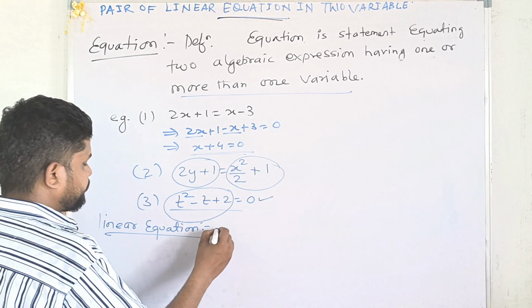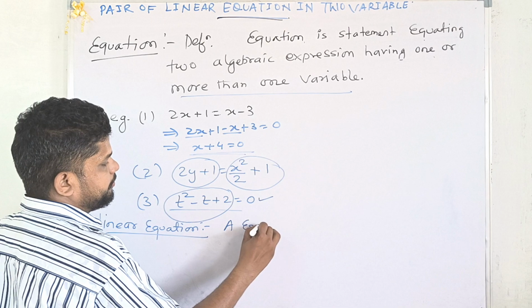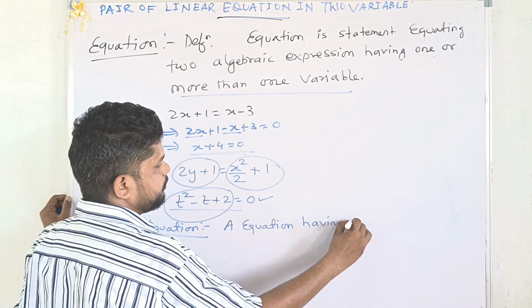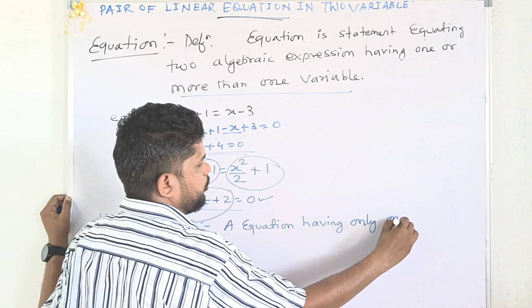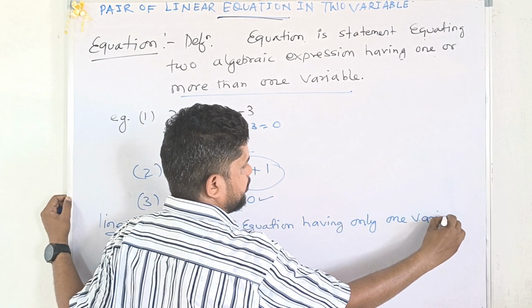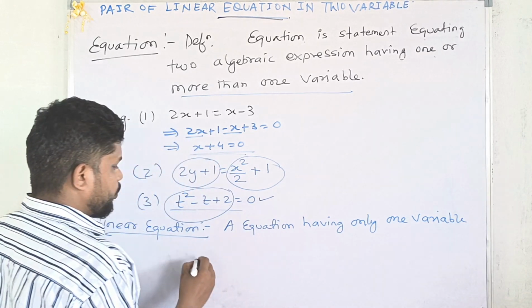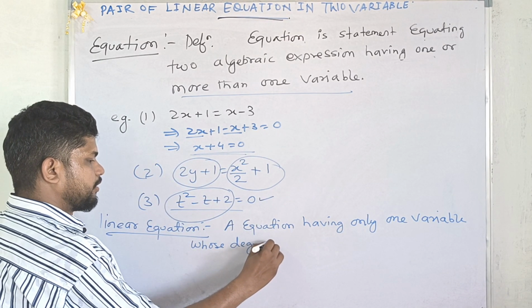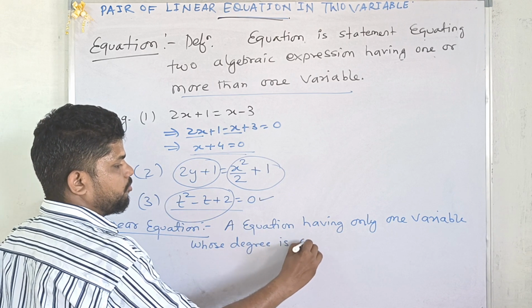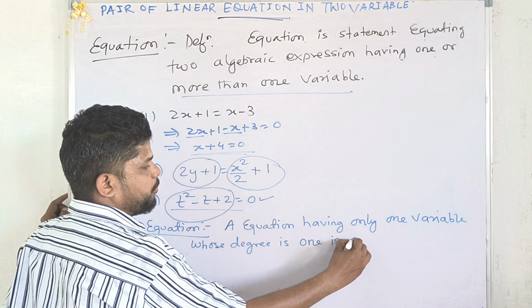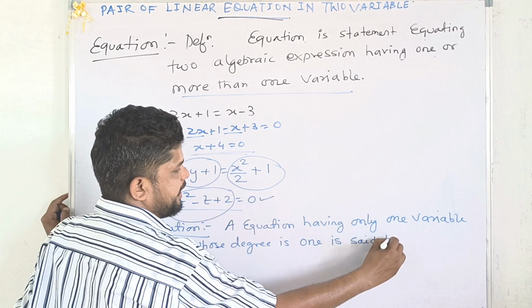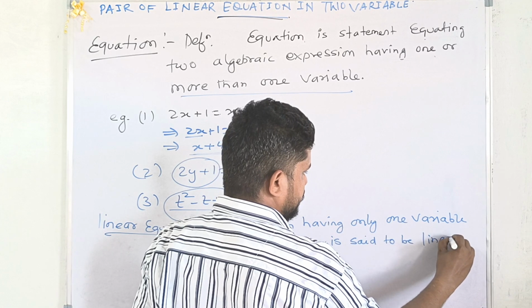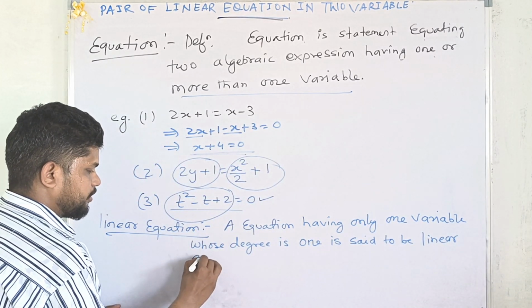A linear equation is an equation having only one variable whose degree is 1.